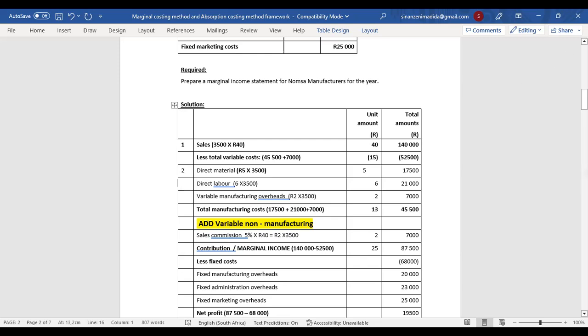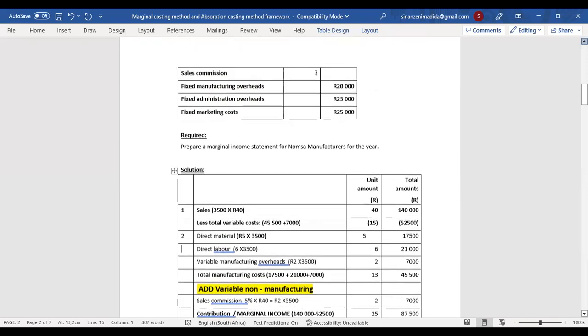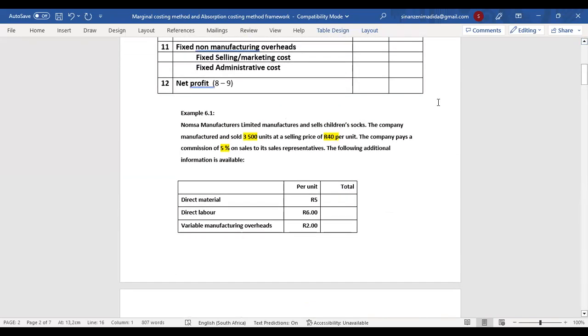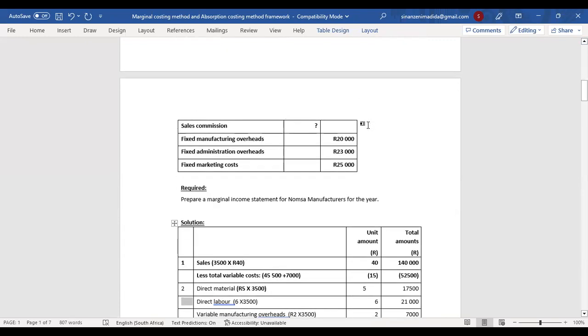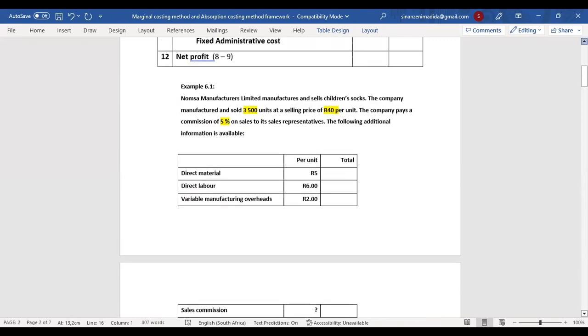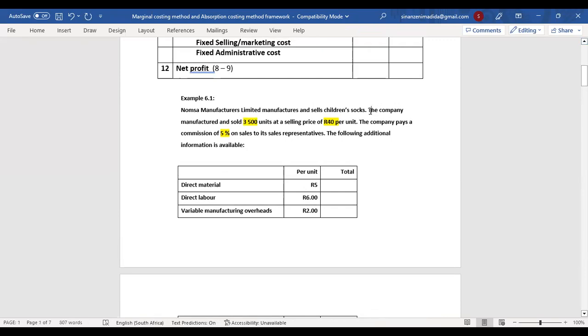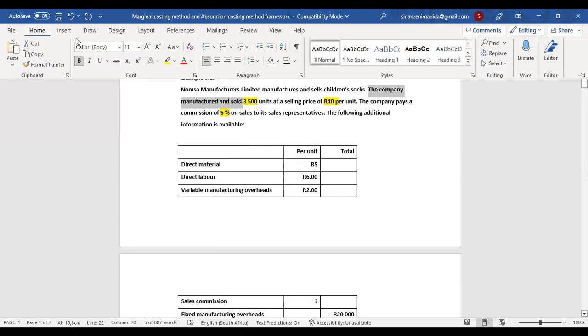But in this question, look at this, and you must never forget it. Look at this statement. The statement says the company manufactured and sold. The units that were manufactured and sold, and the units that were sold, remember here, is the same amount.